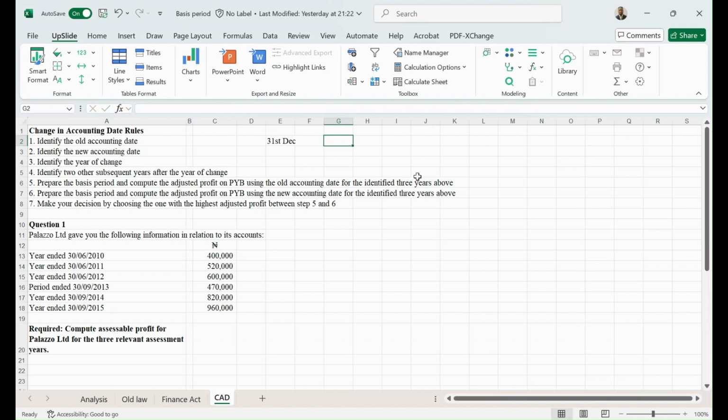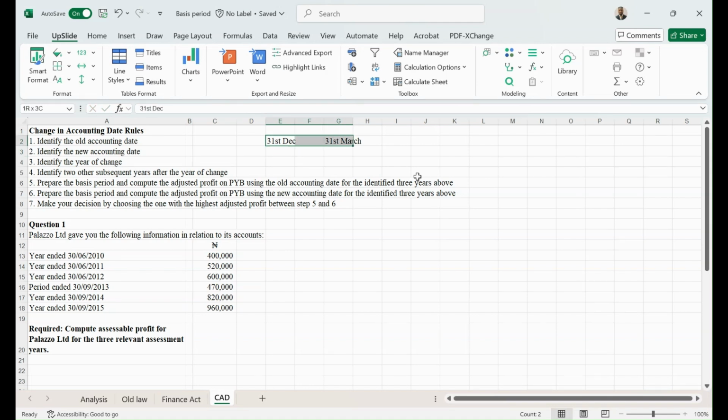And all of a sudden, maybe because of changes in management structure or an acquisition by another entity, the company wants to change to 31st of March. When a scenario like this occurs, we say the company has changed its accounting date, and there is a tax implication. It's quite easy and straightforward.